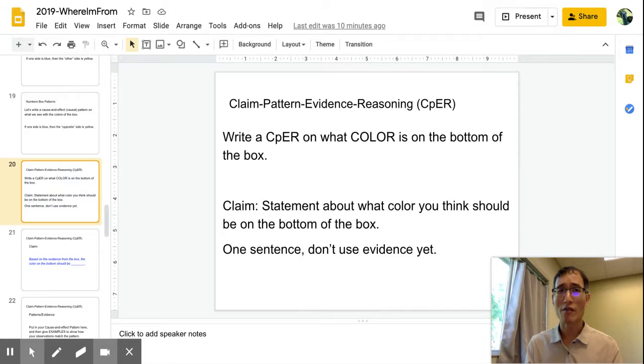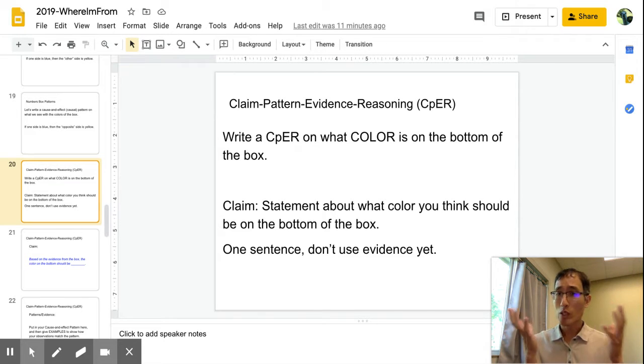I know some of you have ideas about the number or what the number is, but when we start having too many things in our claim, it gets overwhelming. There's too much stuff in your paragraph, and you want to make sure you are concise and specific, and you have really concrete pieces of evidence to claim what's on the bottom.